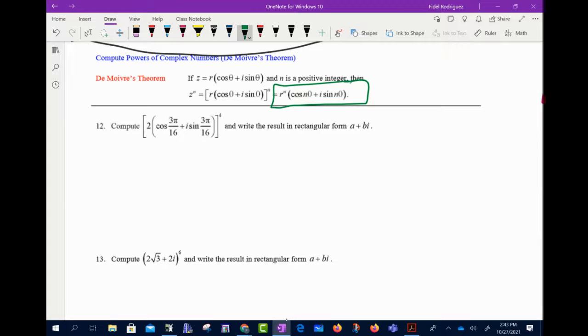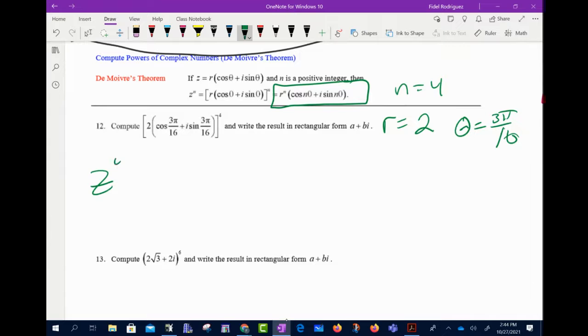Okay, so first thing I'm going to do, when I look at my problem, I know that my r is equal to 2, and we know that our theta is 3 pi over 16, and it looks like our n in this case is 4 because we're raising it to the 4th power.